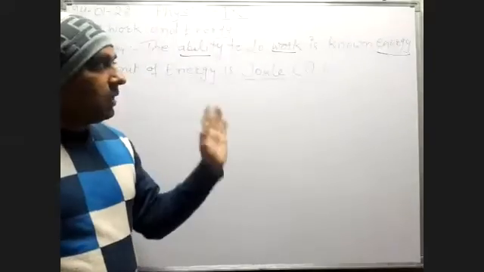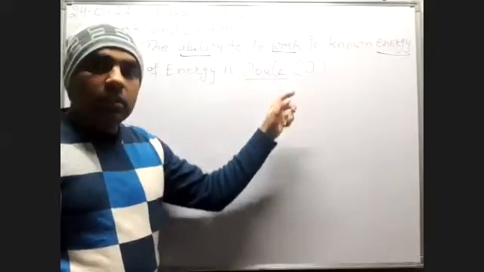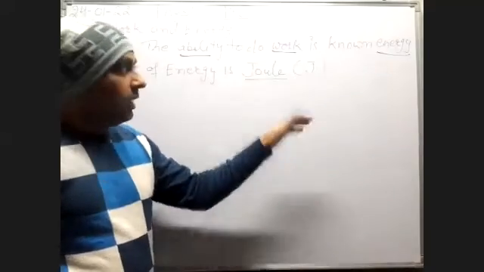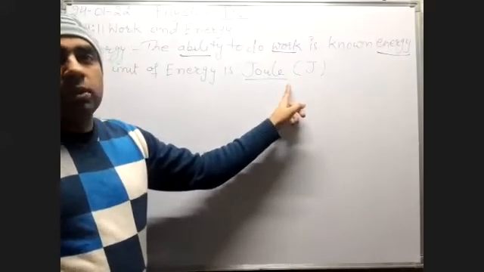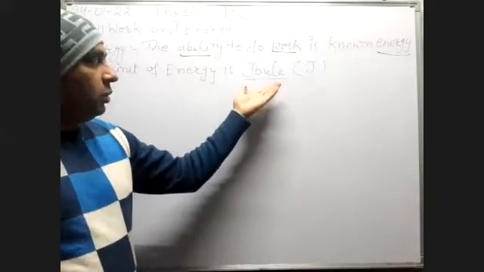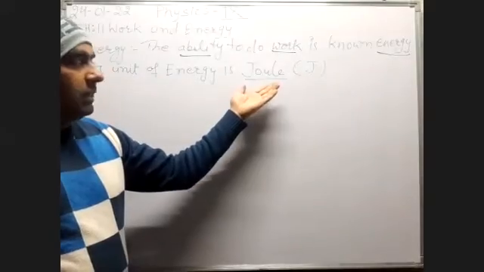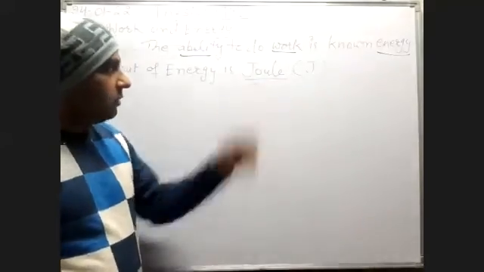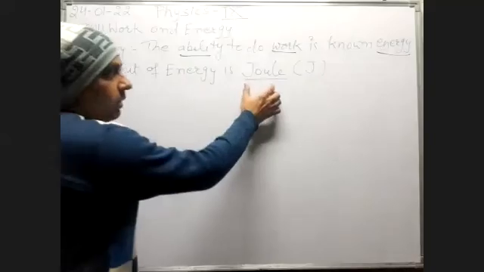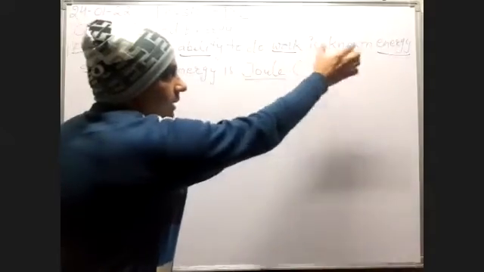So all kinds of energy and work have the same unit, joule. And joule is named after a scientist, James Prescott Joule. To honor that scientist, we use his name as the unit of work and energy.